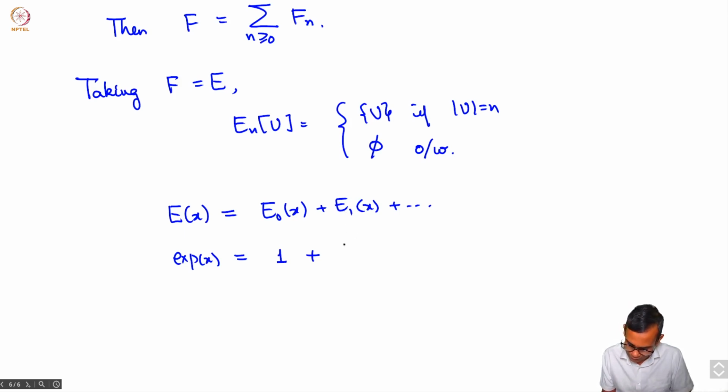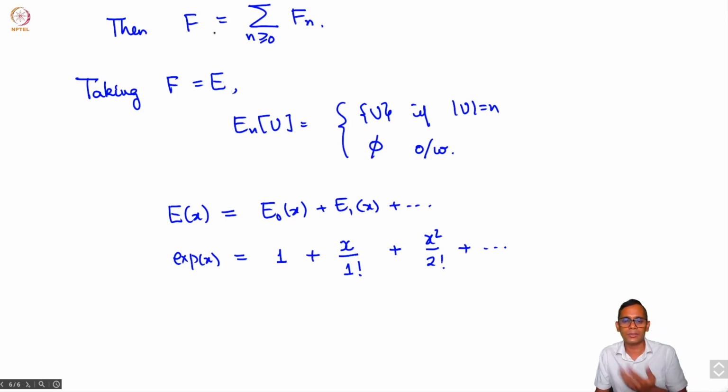So here the generating series is just going to be x to the 1 by 1 factorial, and then for E2 it will be x squared by 2 factorial and so on. So the individual terms in the generating series for E are the generating series for the En's, and this is true in general for any F. The monomials, I should say, turn out to be the generating series for the Fn's.